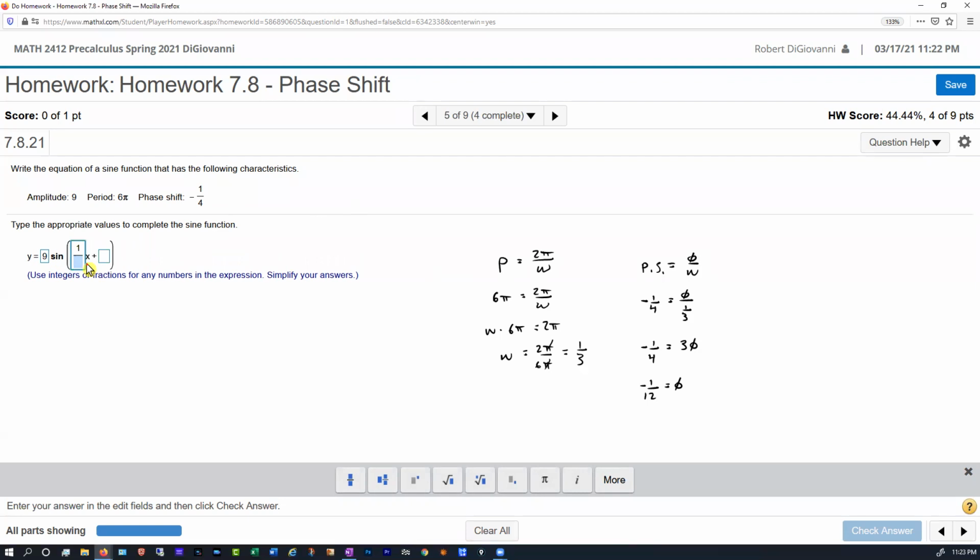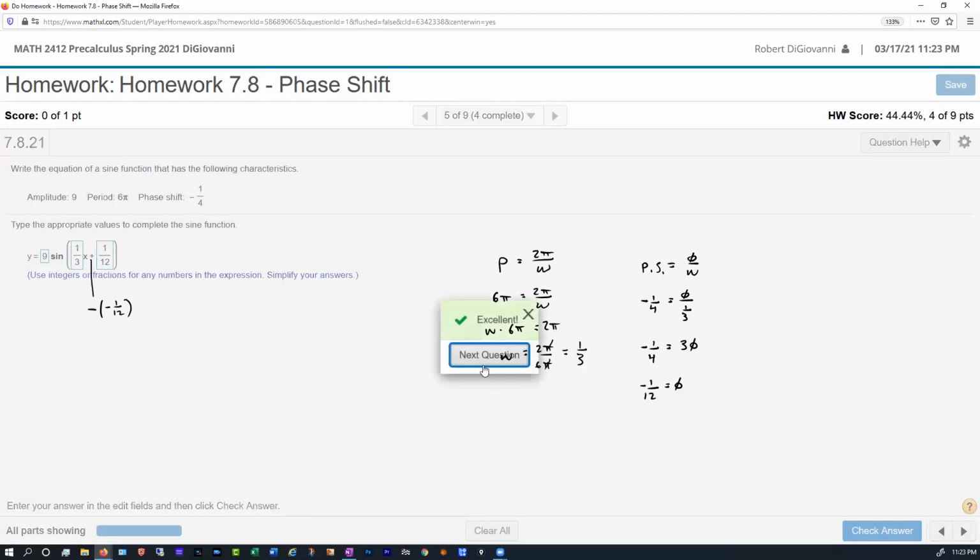It's 1/3, that's our omega. And because there's a plus in the formula, this is going to need to be 1/12, because that's really like -1/12. Our phase shift is supposed to be -1/12, so we put +1/12 there.